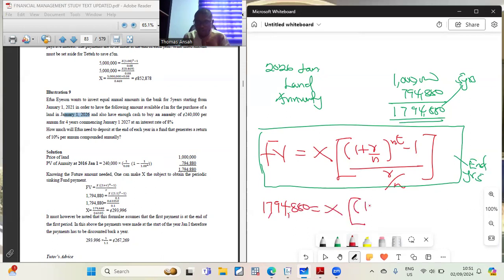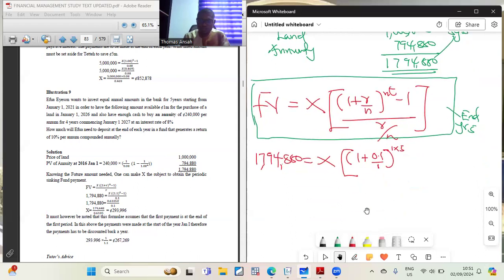Then we have 1 plus the rate that was given us. What was the rate? 10%. So 1 plus 0.1, raised to the power 1 since it is compounding annually, by 5 years, all minus 1, all over 0.1 over 1. So let's do it.